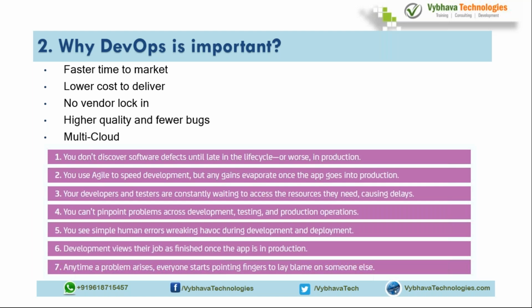Developers and testers who are working in previous life cycle projects are constantly waiting to access the resources they need. That causes delays. For example, in the previous waterfall model, if I want one particular Linux box, one particular machine, the requirement will be processed with approvals, manager approvals, then client approvals, then I'll get one machine.